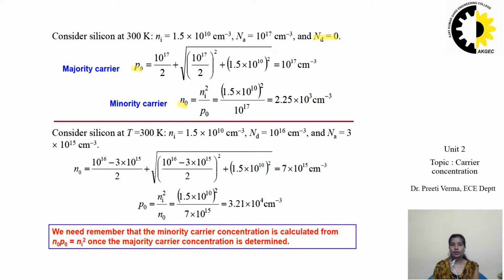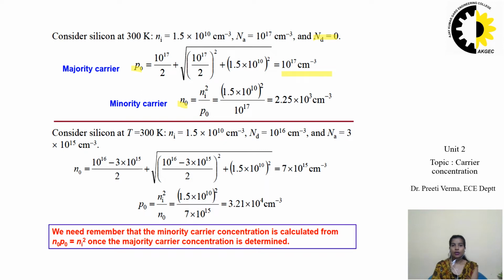For P naught, putting the values into the formula that we have seen: 10^17 divided by 2 plus under root (10^17 by 2) whole square plus (1.5 × 10^10) whole square. So this value comes out to be 10^17 per centimeter cube.